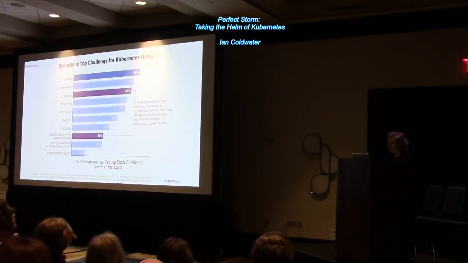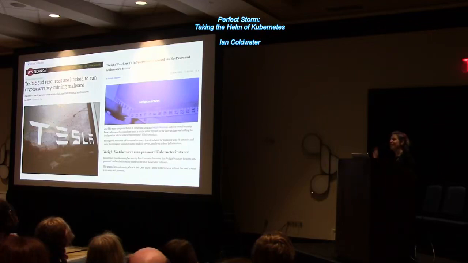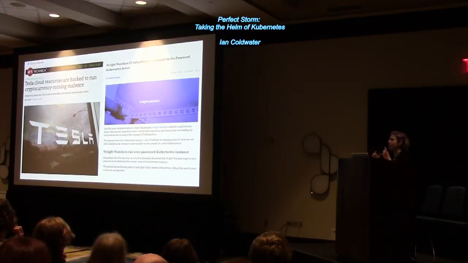Anybody who's ever seen any kind of thing on Kubernetes security has seen this story before, because it's the cautionary tale forever for things that can happen that are bad if you don't secure your Kubernetes cluster properly. Happened to Tesla, happened to Weight Watchers. They just had these open ports that didn't have any kind of authentication on them at all.